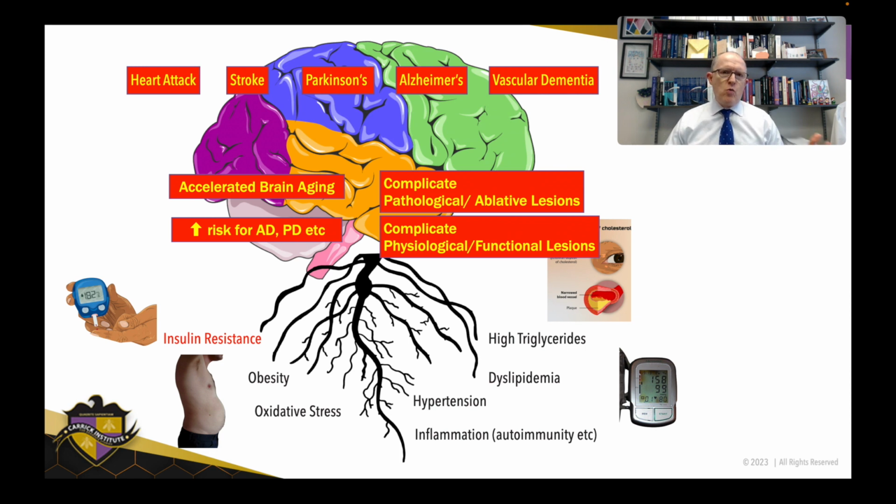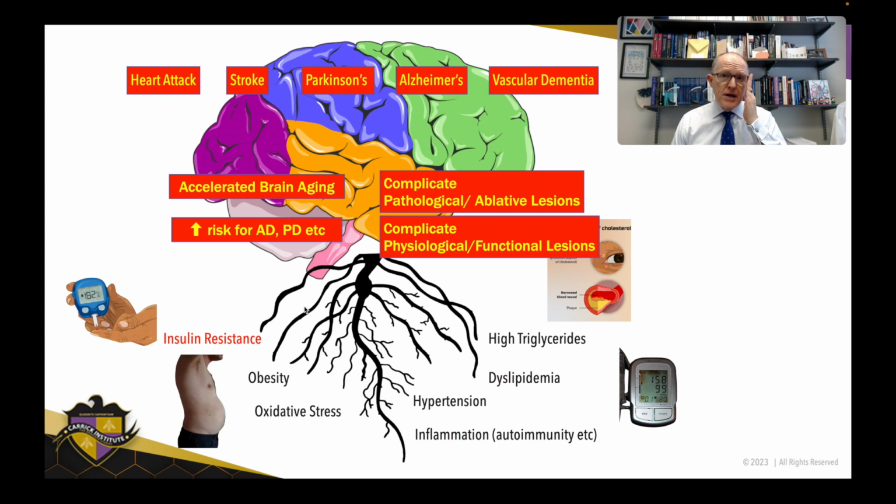Here's the big picture, why people like me and you who are in practice, who might be in training, want to learn about cardiometabolic disorders now and what we can do, because not only can we go after these root conditions, but we can decrease risk of heart attack, stroke, Parkinson's, these neurodegenerative conditions. We can make our rehab a heck of a lot easier if we're normalizing these factors down here, and we can really be very preventive.